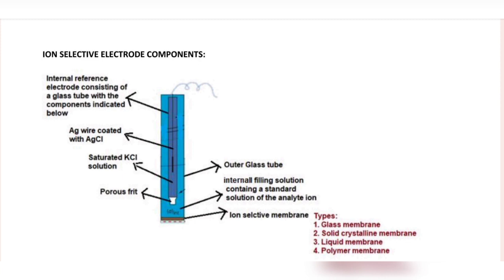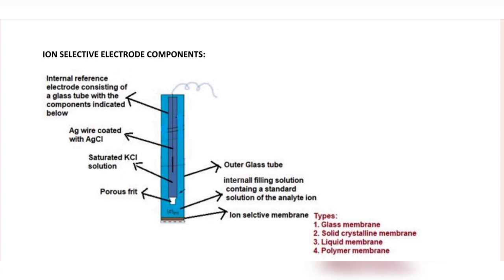Inside that glass tube there is a silver wire coated with silver chloride. So there is a thin wire made up of silver and coated with silver chloride, and inside that glass tube there is a solution of saturated potassium chloride.